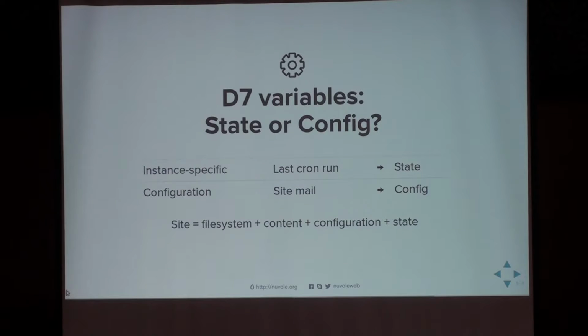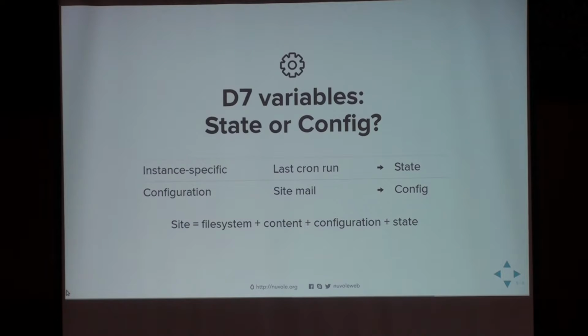So how do you decide whether something that was a variable in Drupal 7 should become state or config? The rule of thumb is that if something was specific to the server or the environment, then you use state. And if it's something that should be across the whole site, across all the different environments, then it should be configuration, because the configuration is the part that you deploy, and the state stays on the site.